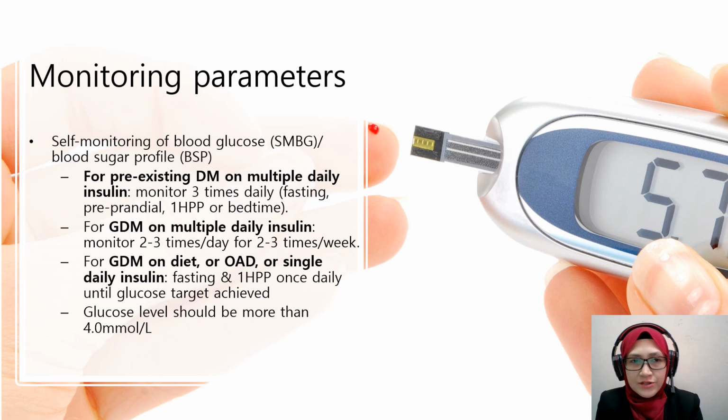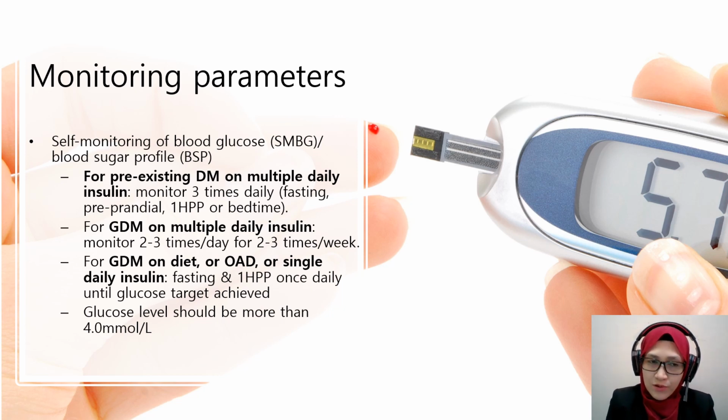So as I mentioned before, we need to monitor the blood glucose regularly. So it's called self-monitoring blood glucose, SMBG, or BSP, blood sugar profile. So when they are undergoing any treatment, even during the diet therapy or the insulin therapy or the oral antidiabetics, they need to monitor the blood glucose regularly every week.